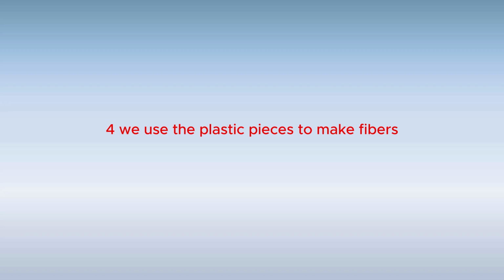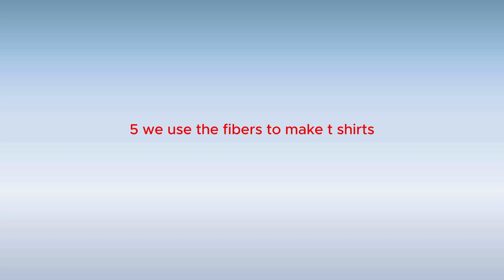We take the bottles to a factory. 3. We break the bottles into small plastic pieces. 4. We use the plastic pieces to make fibers. 5. We use the fibers to make t-shirts.